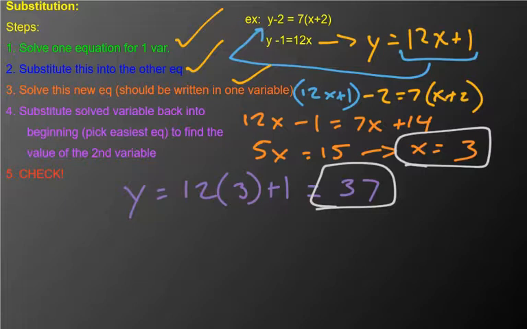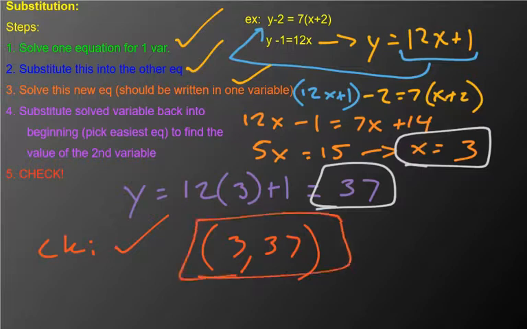Now, I made these problems, so I know they work, but I'm just going to say check. Yay, it works. So we now know that (3, 37) is the answer to both of them. But you shouldn't ever be unsure if these problems are right or wrong. You might not know where you made a mistake, but you should be able to figure out if it is right or wrong.